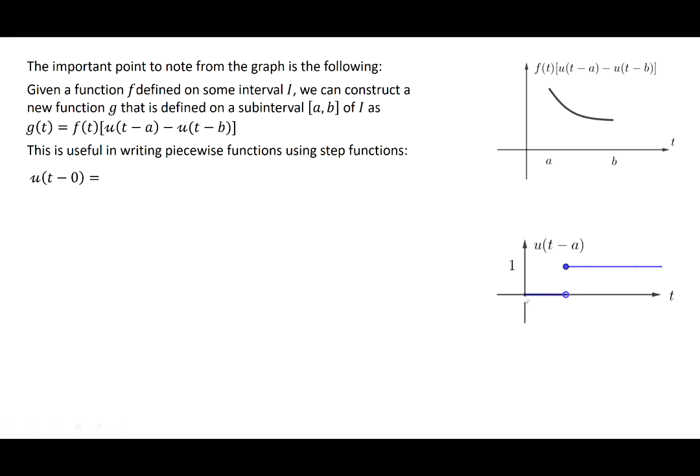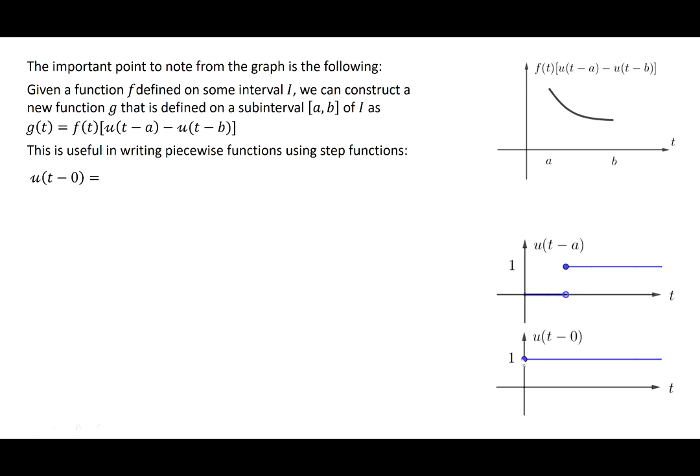But a is 0. Okay, so from 0 to 0, you should have a value of 0, and beyond a should have a value of 1. 0 to 0? Oh, that's just 0. So immediately it would jump up to 1. That's what it is. So this is how u of t minus 0 would look.